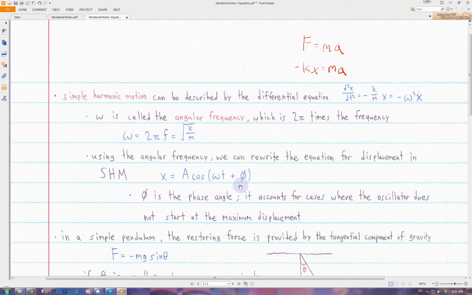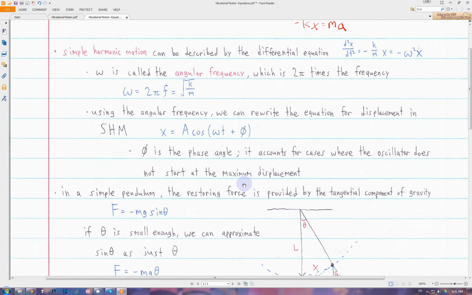When the phase angle is 0, that means the object starts at the maximum displacement, because at t equals 0, the cosine will equal 1, so this will just equal the amplitude. So we just make the phase angle whatever we want, depending on where the object starts.